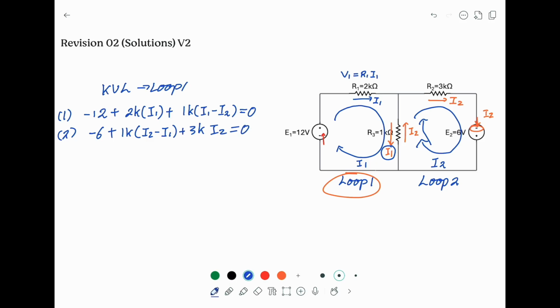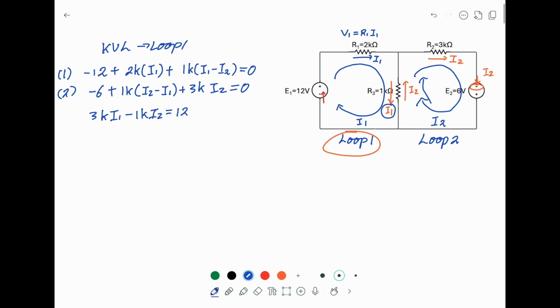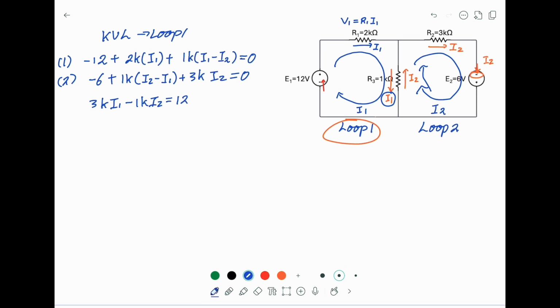Now I will simplify equation 1, and you will get 3k I1 minus 1k I2 equal to 12. I want to make the coefficient of I1 and I2 a little bit simple, so you can choose at this stage to divide both sides by 1000.